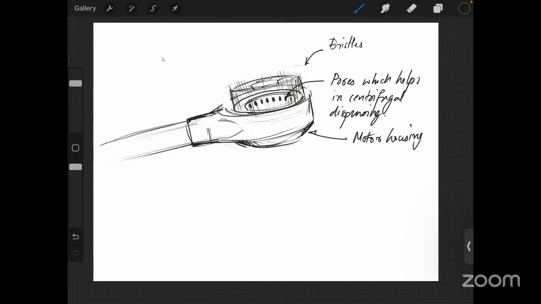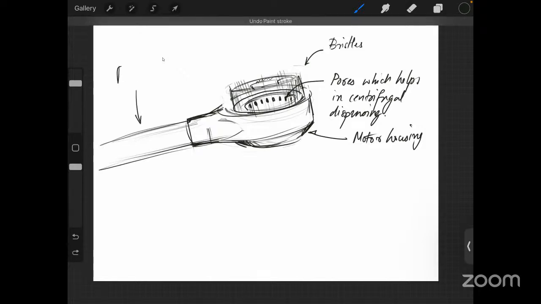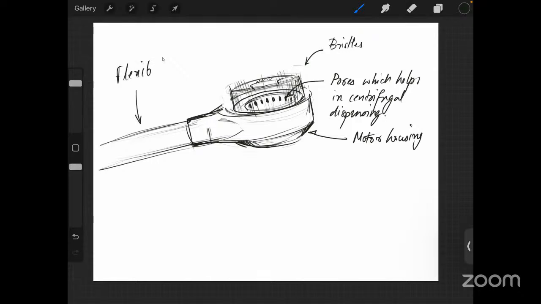And maybe this part is flexible material. Not too much flexible, but a bit flexible.